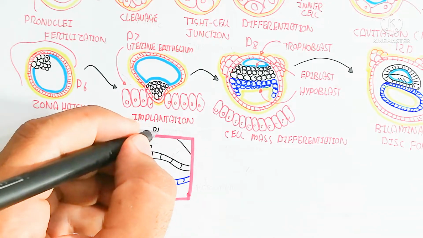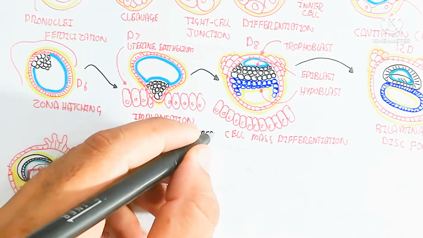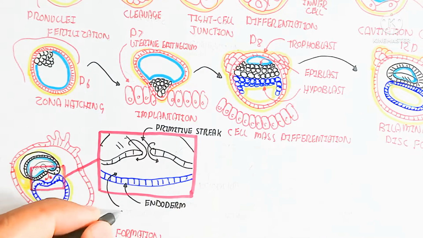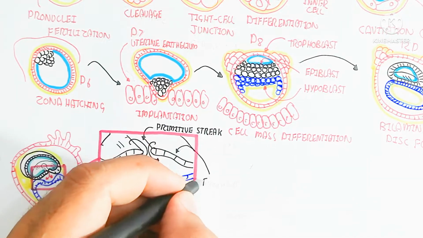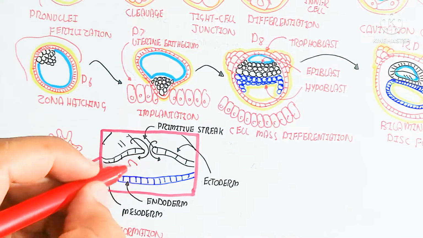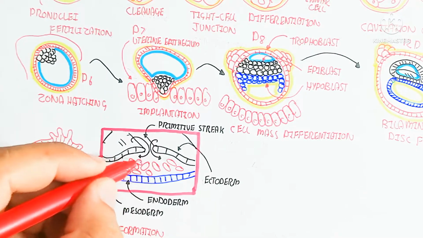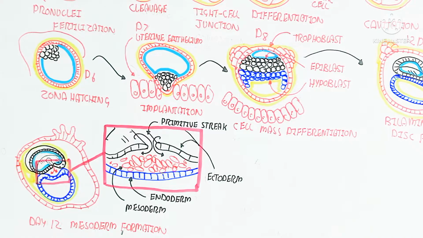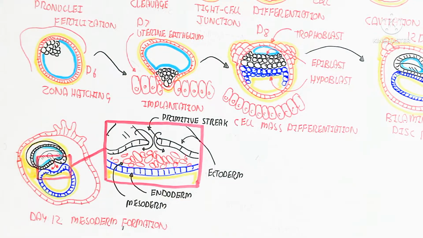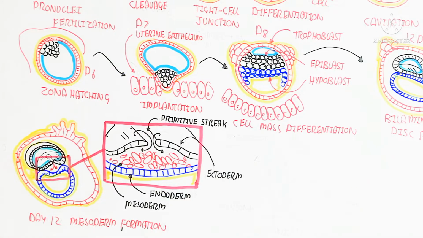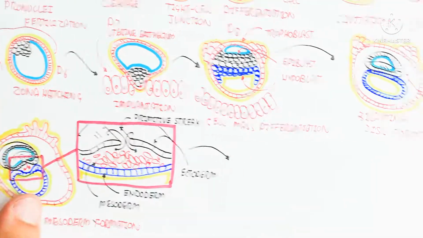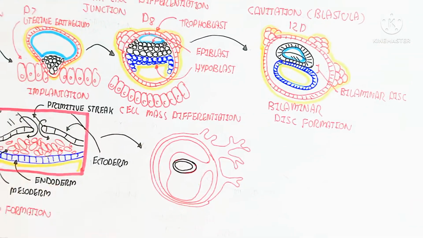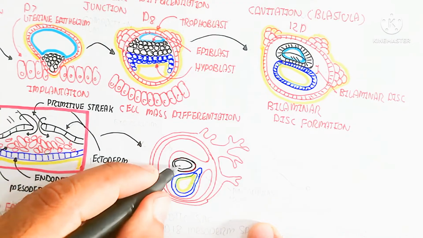From blastulation to gastrulation will occur. Here you can understand the primitive streak formation, which will lead to invagination of the epiblast cells into the space between the hypoblast and epiblast. In this way the epiblast will become the ectoderm, and the invagination of cells by differentiation will increase the cavity between the epiblast and hypoblast.